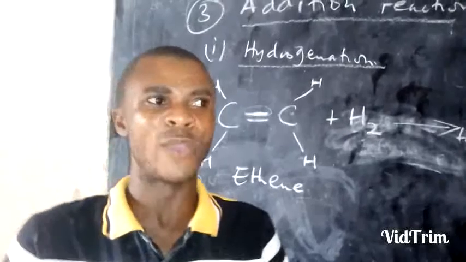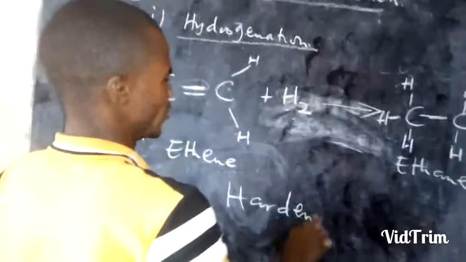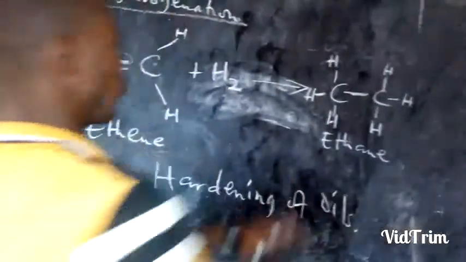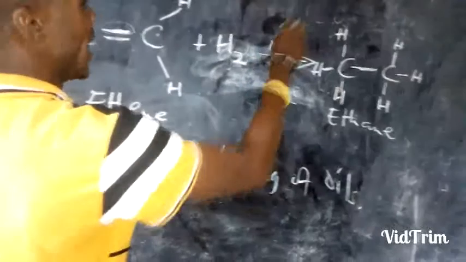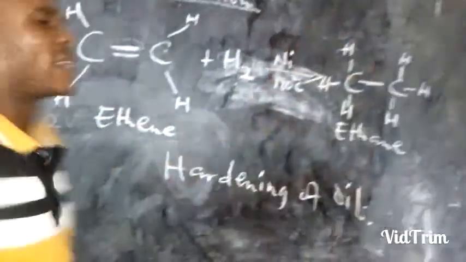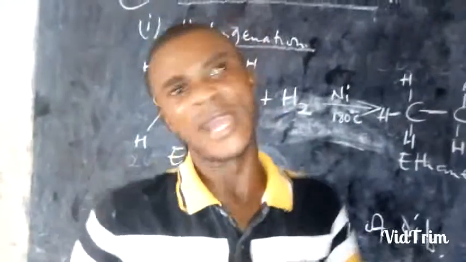Hydrogenation reaction is used in the hardening of oils. So anytime you want to harden oils, you use hydrogenation reaction. Have in mind the nickel catalyst must be there and temperature must be around 180 degrees Celsius to 200 degrees Celsius. That is the first type of addition reaction, which is hydrogenation reaction.